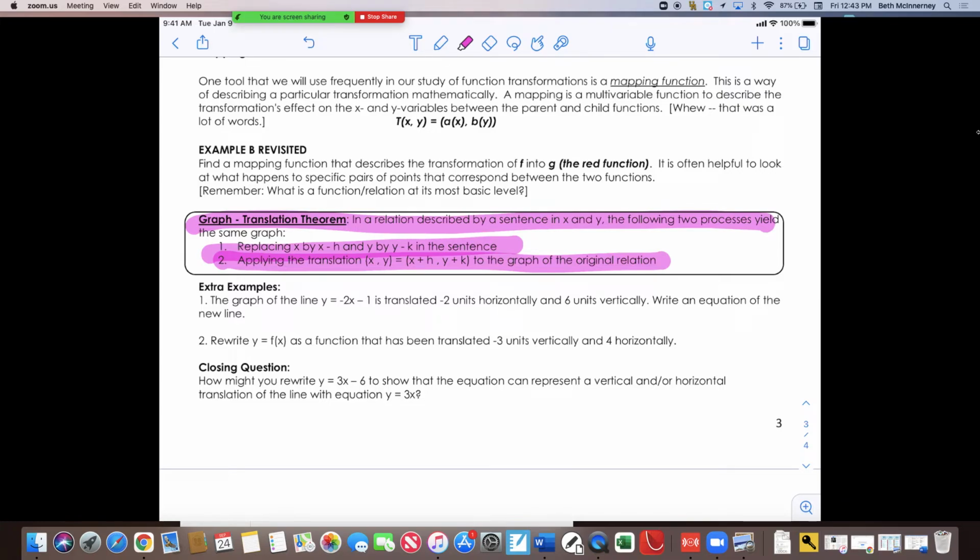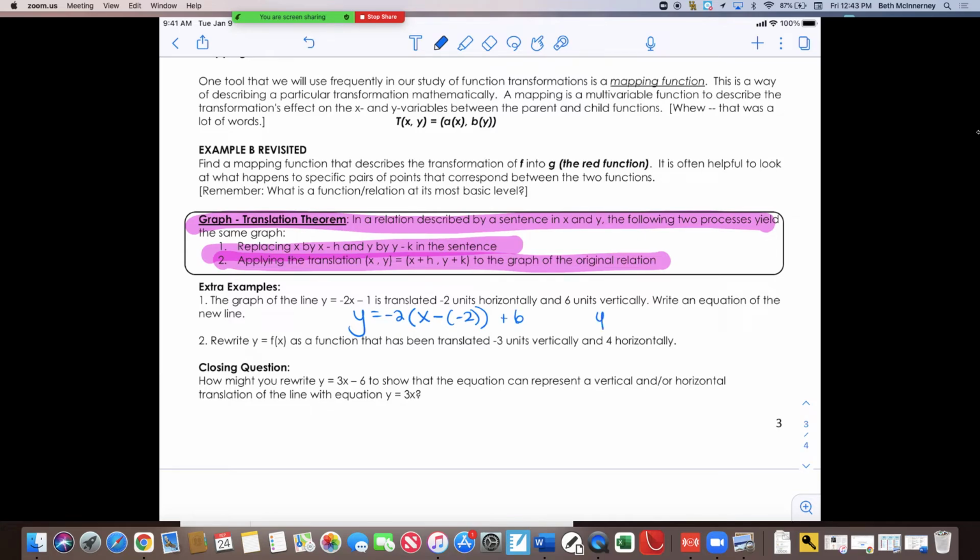If I have the graph of the line y equals negative 2x minus 1, that's translated 2 units horizontally and 6 units vertically. Write an equation of the new line. So you replace the x, it's x minus negative 2, and it's up 6.